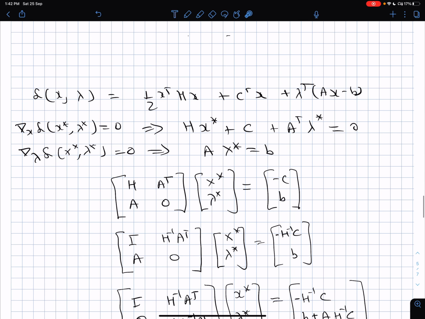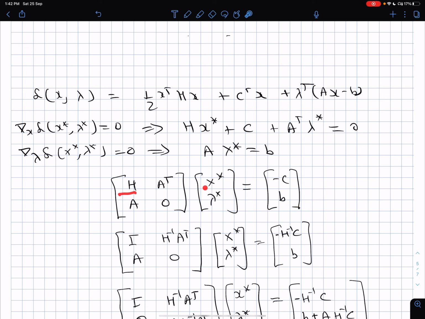Now because I know that it has a solution, I am going to do the algebra very fast, which is the beauty of the Lagrangian multiplier theorem. So I put this in a matrix form. I take c to the right hand side, write it as minus c. This b is already sitting at the right hand side.